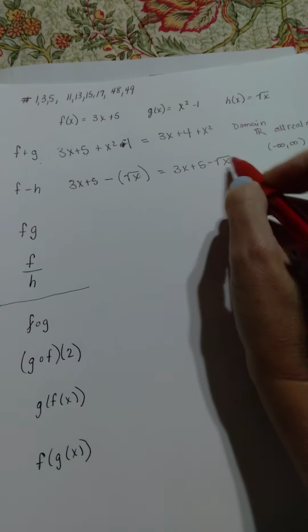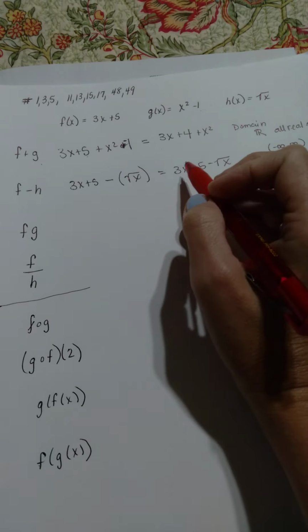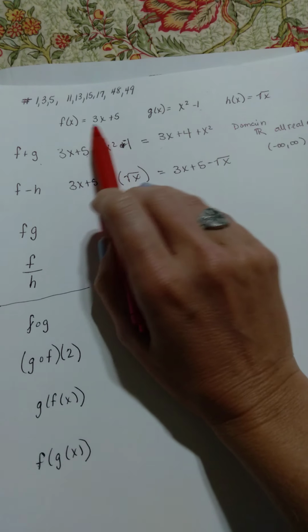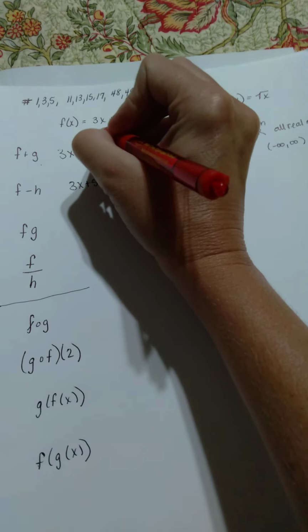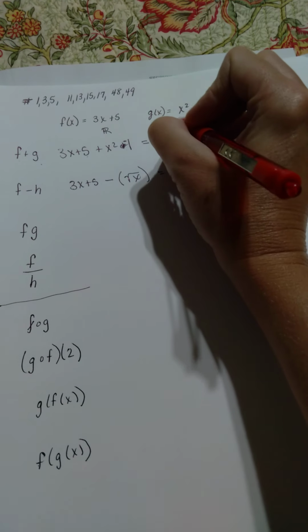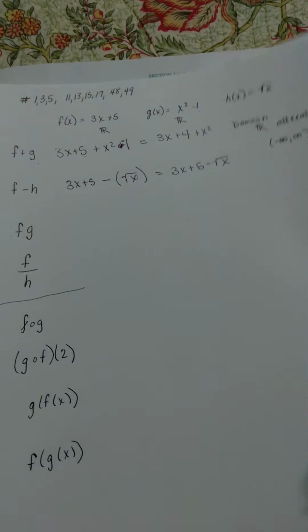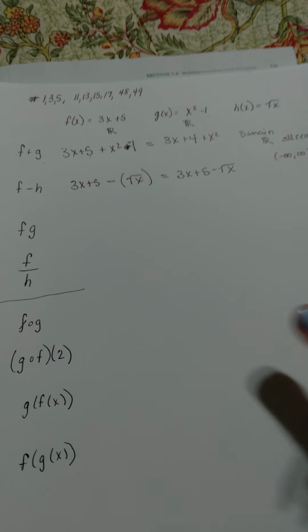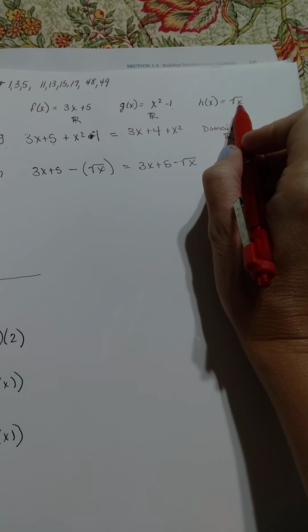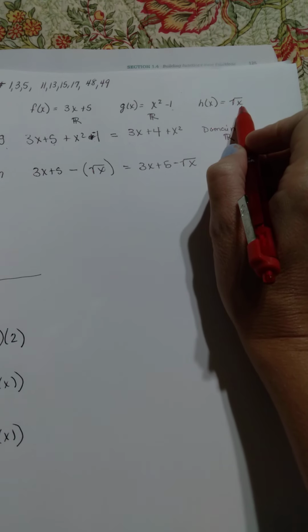But we don't look at the function as a whole for the domain. We look at the pieces. So the domain of f is, again, all real numbers, just anything you want. The domain of g, which isn't in this problem, but again, you can plug anything you want in. It's all real numbers. But the domain of h is a little more specific because we can't plug in a negative number. We're talking about real numbers here.